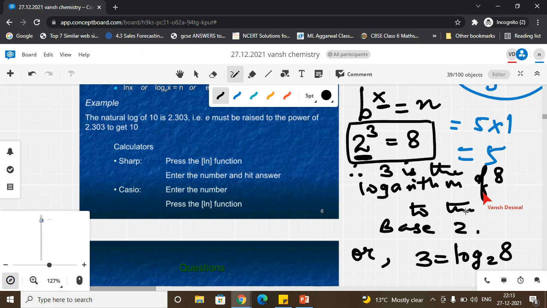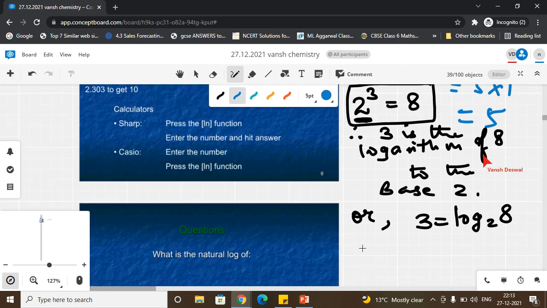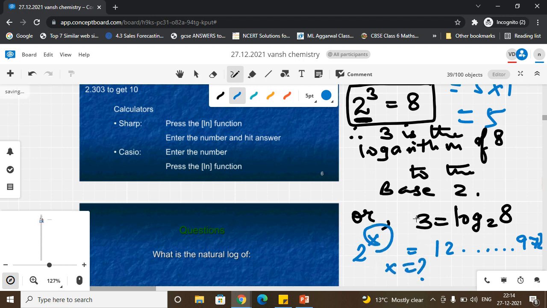Now, why does this become important? Here we know the values, they were very small. But suppose 2 raised to the power of some x is giving me some number n. Say that number is fictitiously a number with so many digits, and I have to report the value of x. In this case log will help us.